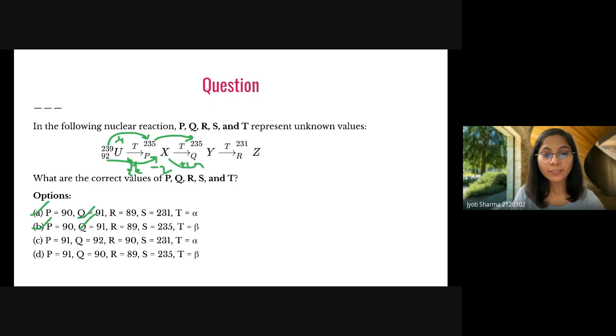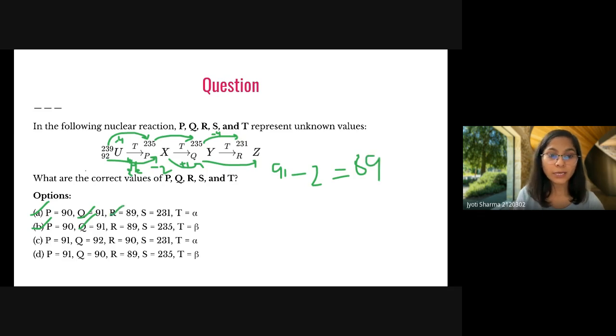Now coming to the next, again it is 235 to 231, which means minus 4. So an alpha particle has been emitted, which means the atomic number should be reduced by 2. Initially it was 91, so 91 minus 2 gives us 89. Again both options are right.